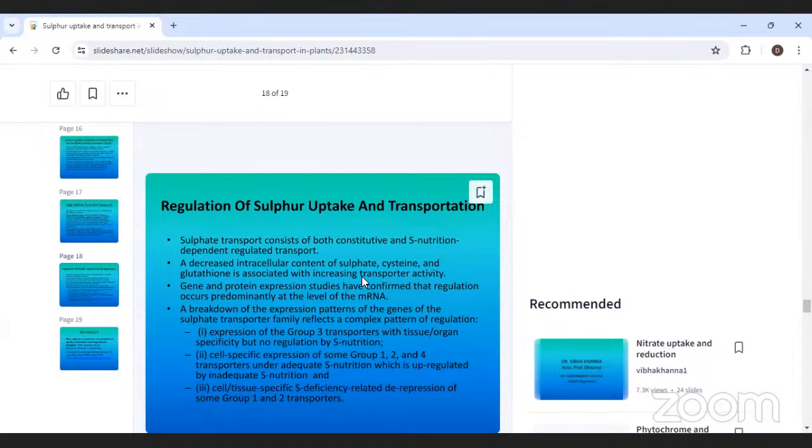Sulfur is taken up as sulfate. An increase in pH of the external medium inhibits sulfate uptake. Sulfate transport consists of both constitutive and S nutrient-dependent regulated transport.